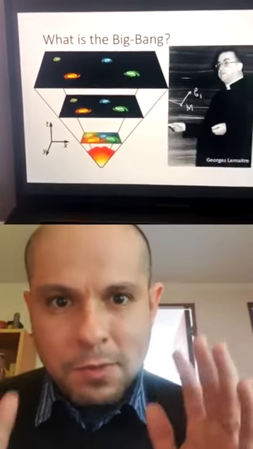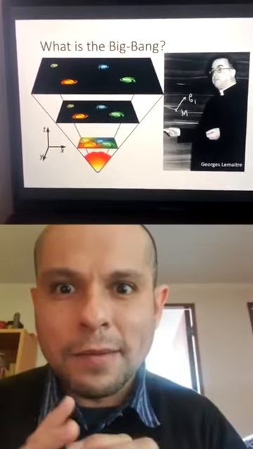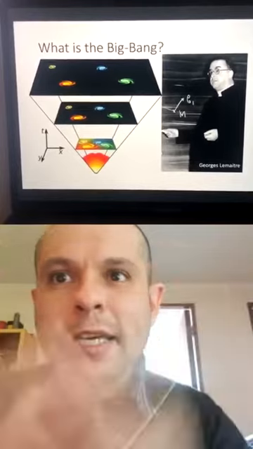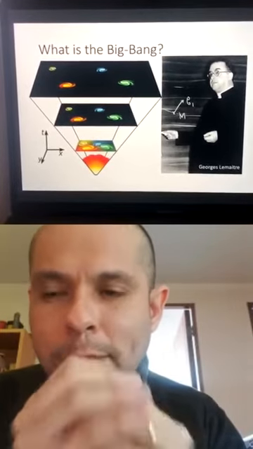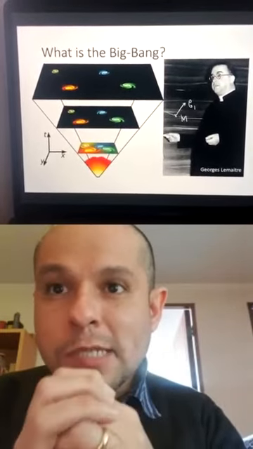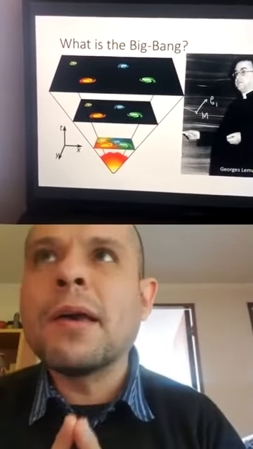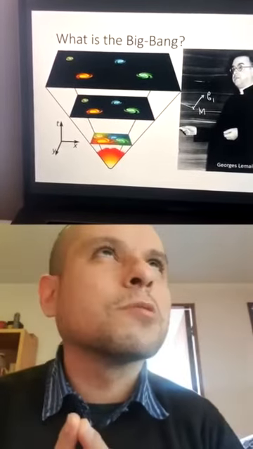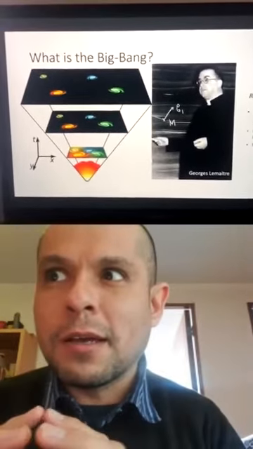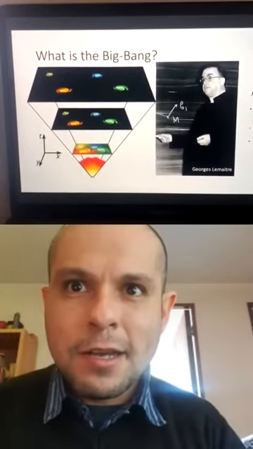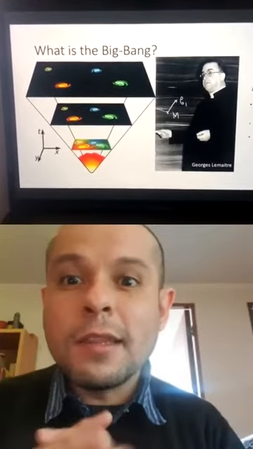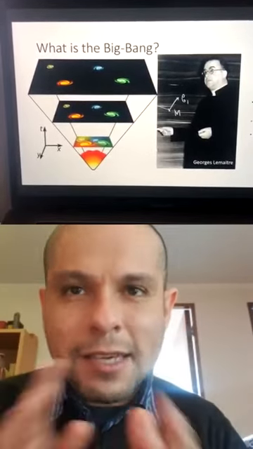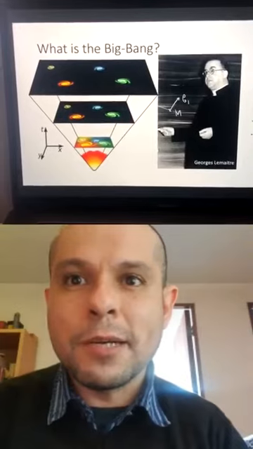And Lemaitre really liked that idea. Everything was at the beginning in one point, and then this point expands. He called it the primeval atom, the cosmic egg. So that was the idea of the Big Bang, and his work really kills the Einstein idea.